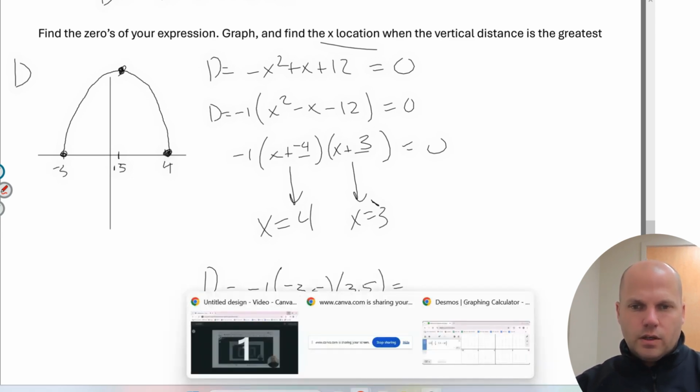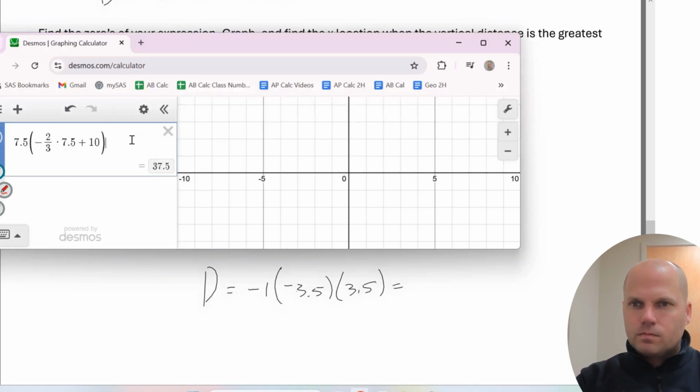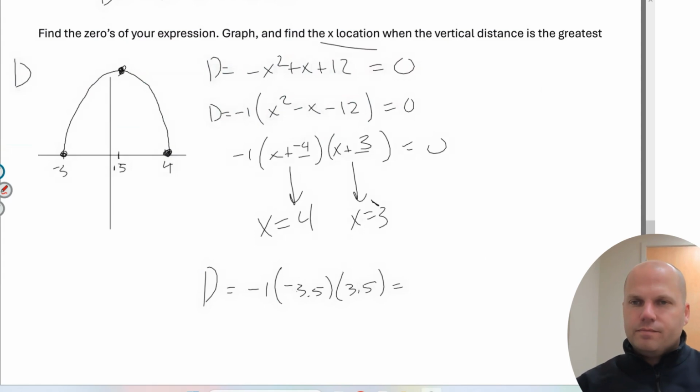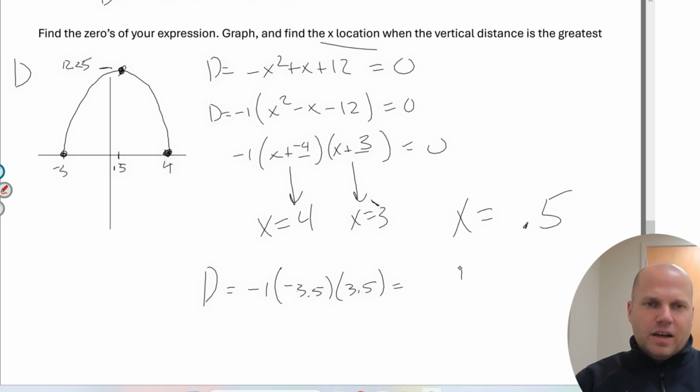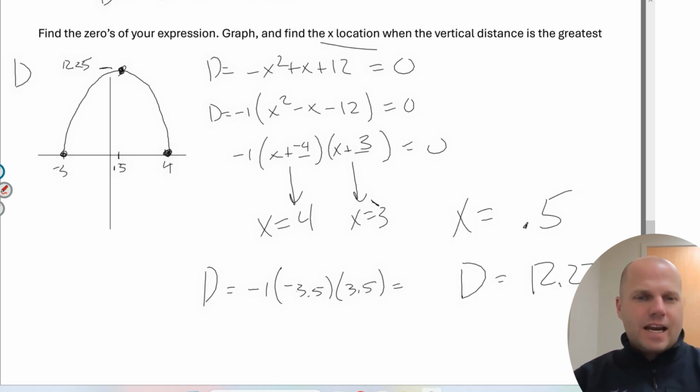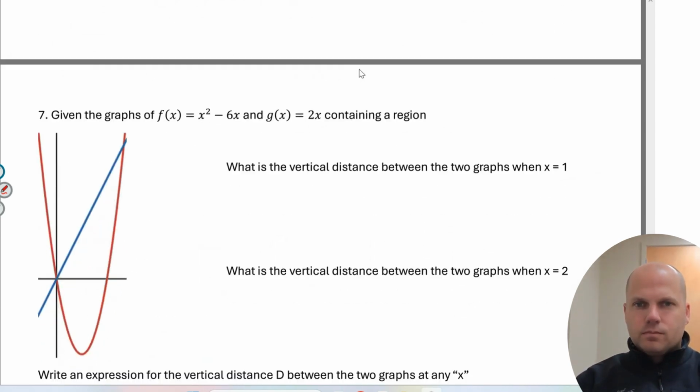And 3.5 squared is 12.25. So when x is a half, my distance is the greatest, which is 12.25. It's like an xy, but it's an xd. Right. Some more.